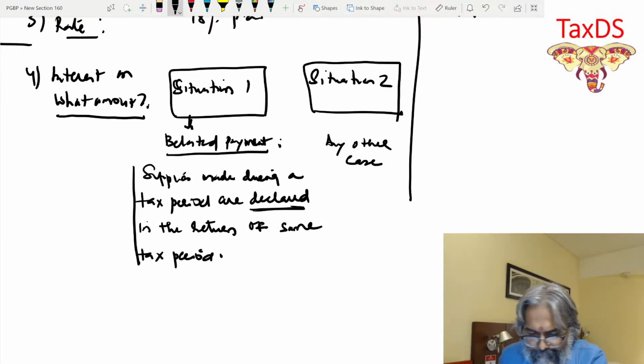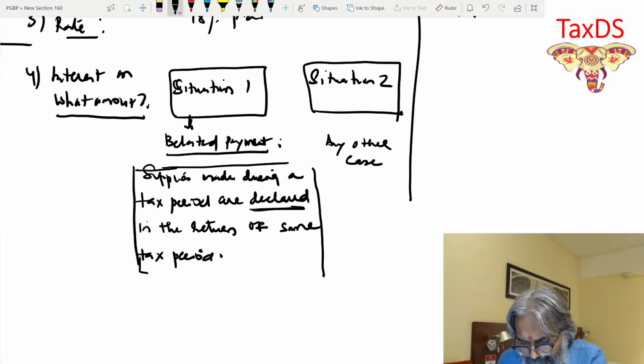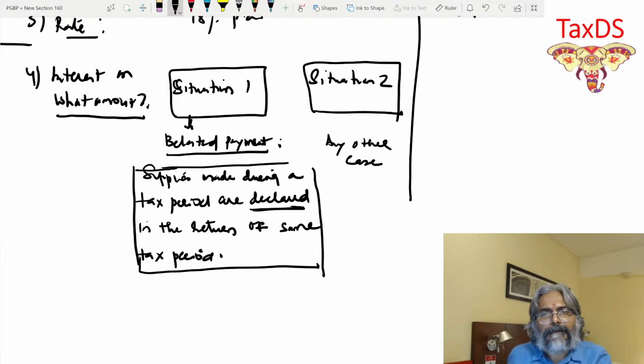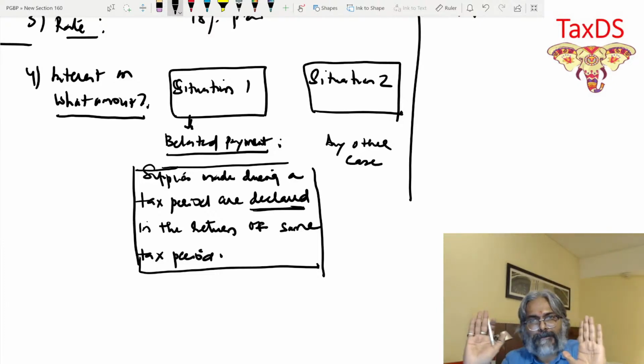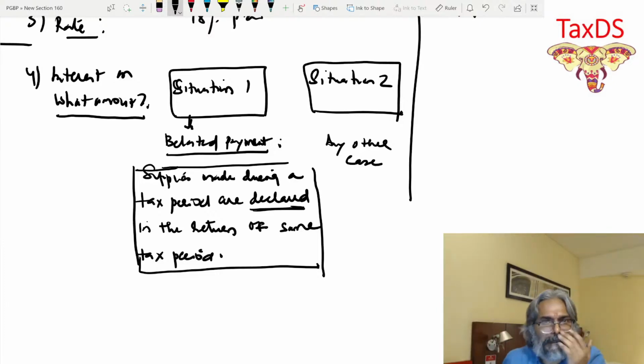So students, over here, supplies made during a tax period are declared in the return of the same period. All the July month supplies have been captured in the return, the return date being 20th of August. That will be a situation number one case.